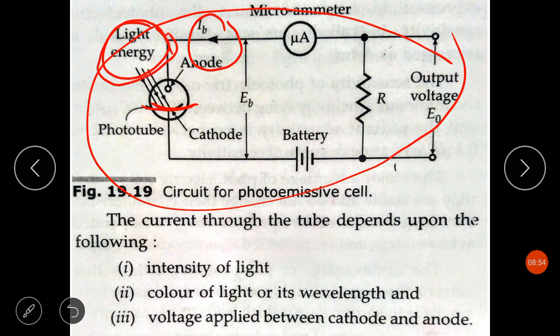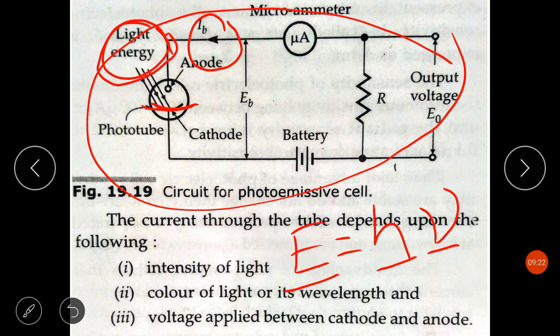Second, the photoelectric current will depend on the color of light or the wavelength of light. As I've told you in my previous lectures also, because of the quantum state of matter, E is equal to h nu. We know that light radiations are composed of photons, and the photon energy E is equal to h nu, where E is the photon energy, h is Planck's constant, and nu is the frequency of radiation.